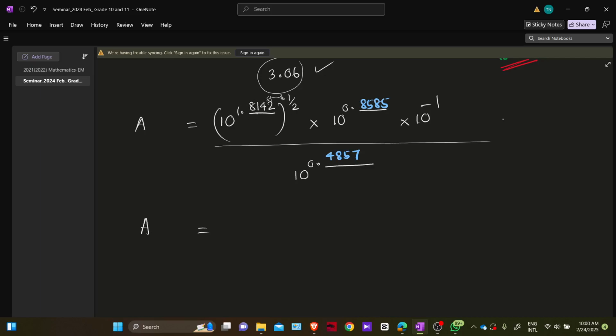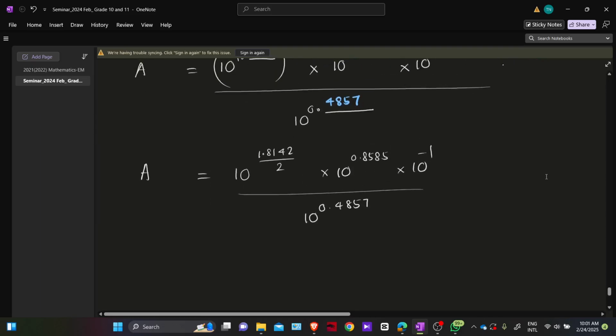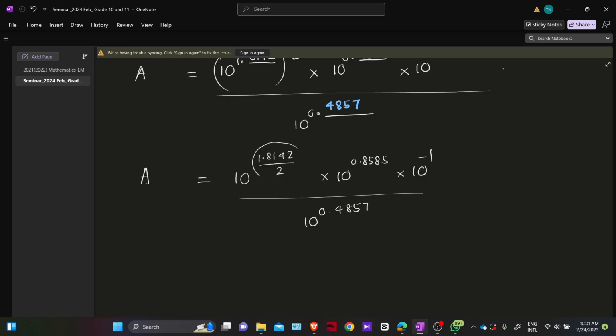This is the product of 1.8142 times half, which means you need to divide that value by 2, right? 1.8142 over 2, times 0.8585 times 10 to the index negative 1, over 0.4857. Right.